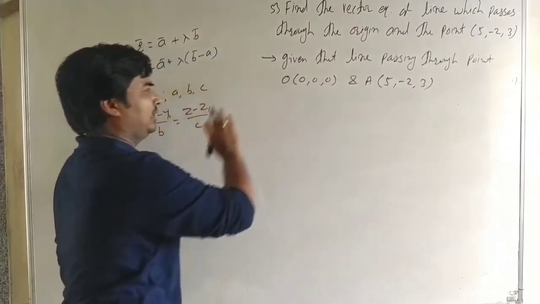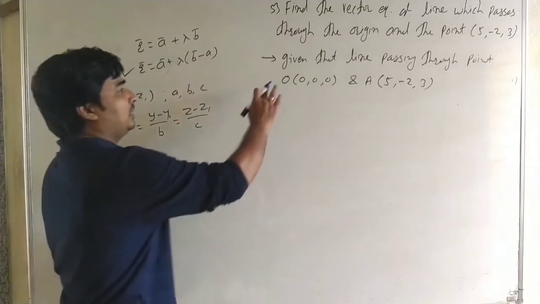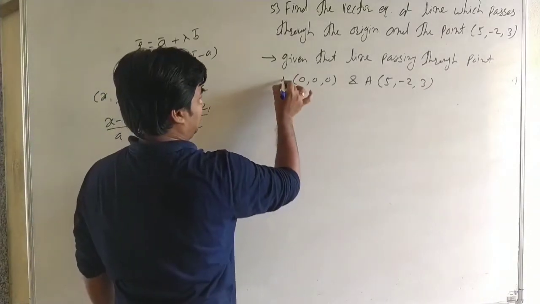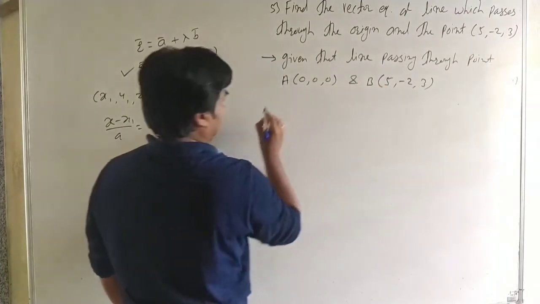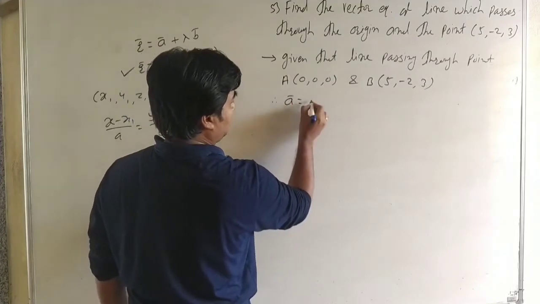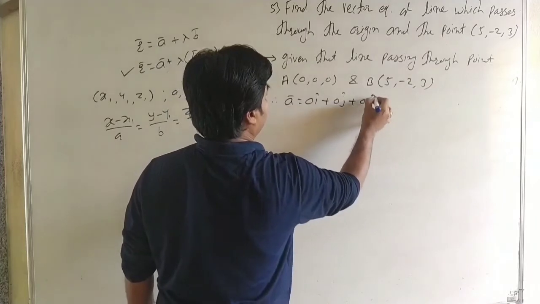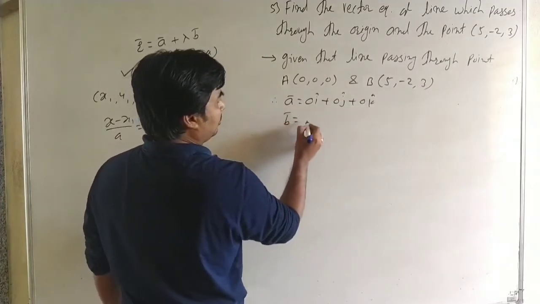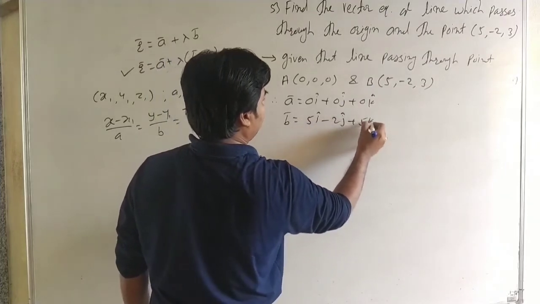We can take any name. Here it is A and it is B, so we can write the line passing through point A and suppose it is B. Then for the equation of line, we can write a bar is equal to the position vector 0 i cap plus 0 j cap plus 0 k cap, and b bar is equal to 5 i cap minus 2 j cap plus 3 k cap.